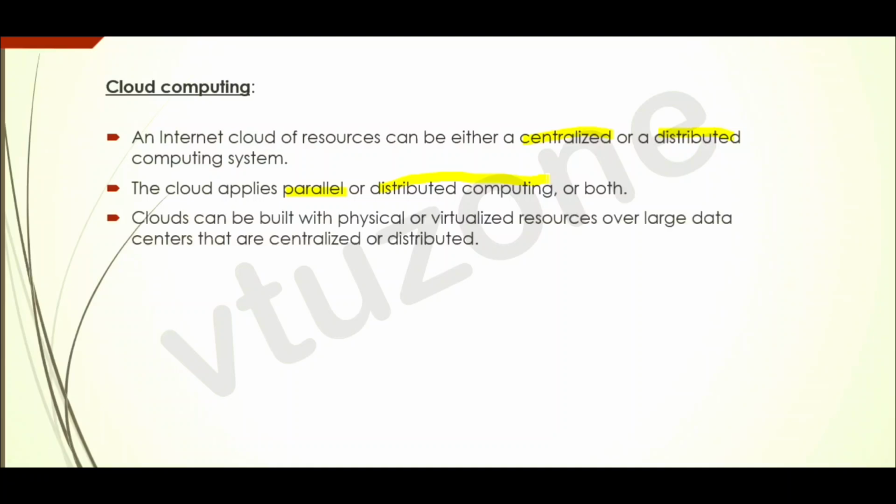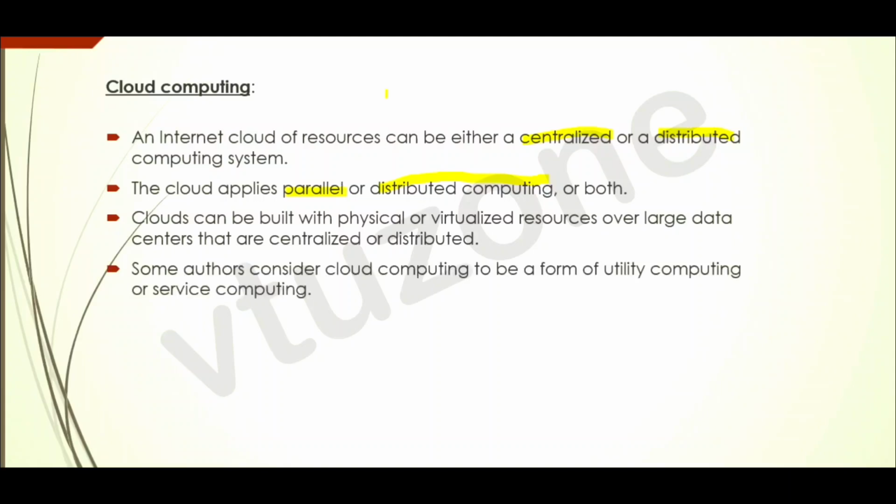The next is cloud systems can use real computers or virtual machines and they can be set up in one location, that is centralized, or across multiple locations, that is distributed. The next point is some experts see cloud computing as a way to provide computing power like a utility or as a service that users can access on demand.